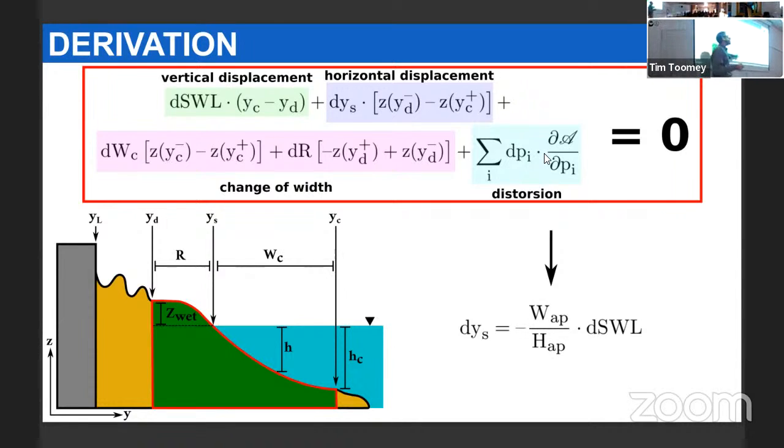So this is the analytic solution that we were developing. This differential equation, although simple, can be solved numerically. So if you incorporate these more complex parameterizations, it could be solved numerically.